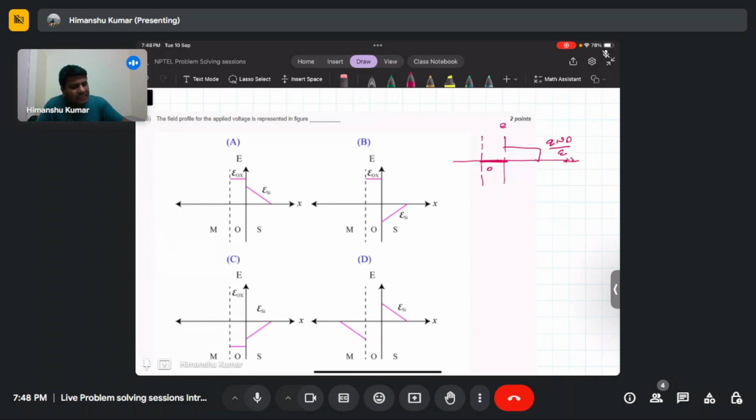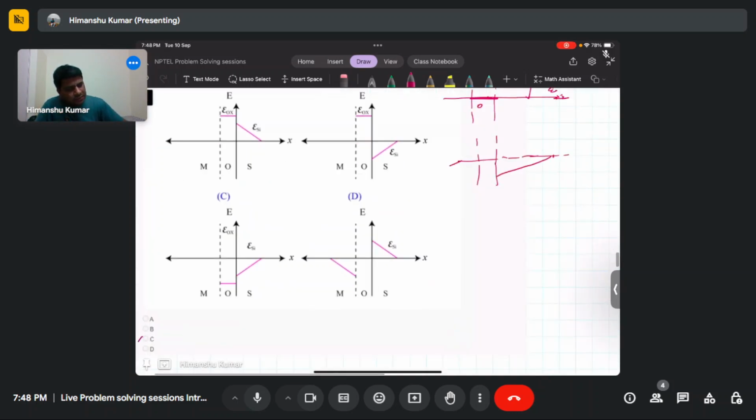from this direction, applying the proper boundary condition. Here the field will be zero where the neutral region prevails, and then the field will linearly increase. If you apply Gauss's law, dE/dx is q N_D by epsilon, and if you integrate, you get q N_D x by epsilon plus c.